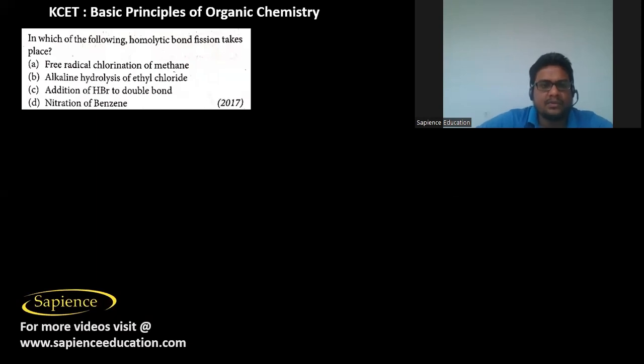Then in which of the following does homolytic bond fission take place? Free radical chlorination of methane, alkaline hydrolysis of ethyl chloride, addition of HBr to double bond, nitration of benzene.